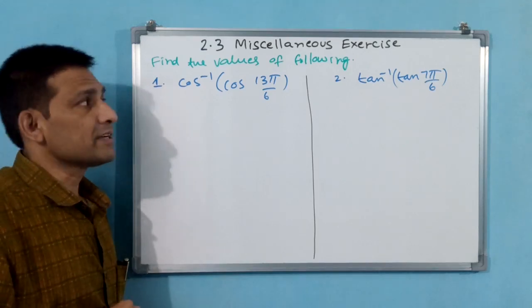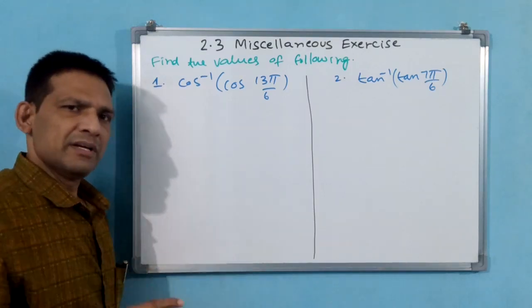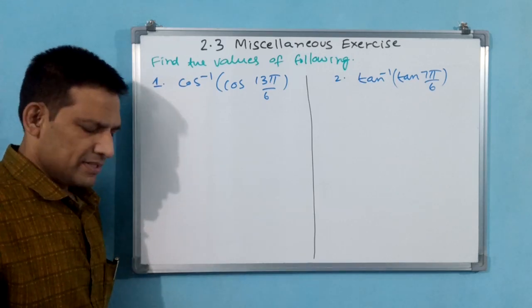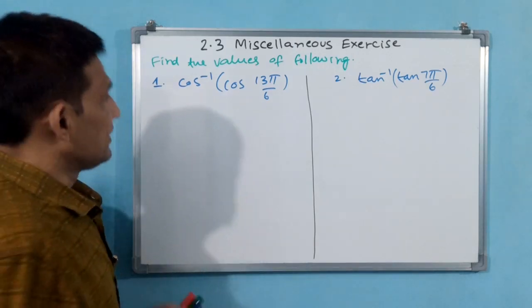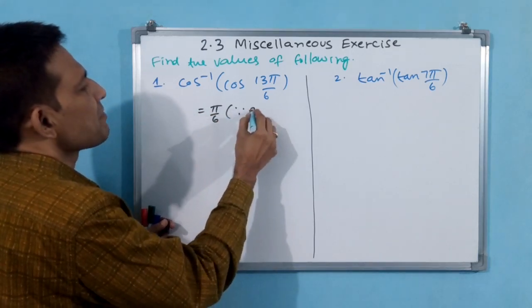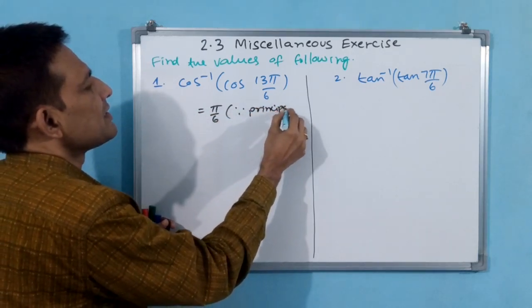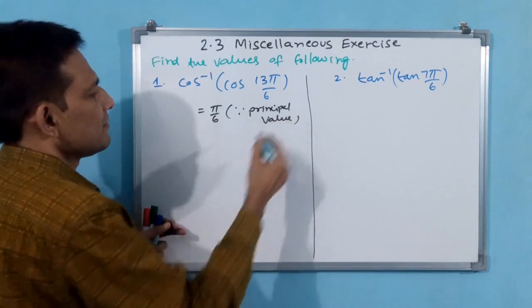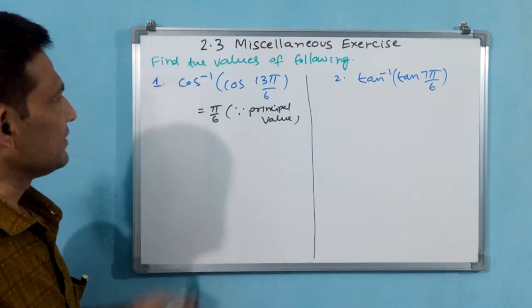Okay, first quadrant, pi by 6. That means it will be within 0 to pi. We can write directly that it is equal to pi by 6, in bracket principal value. Okay, this is the answer for this question.